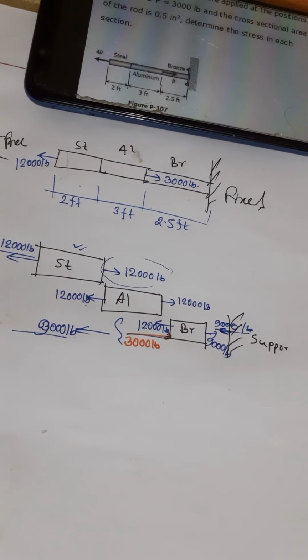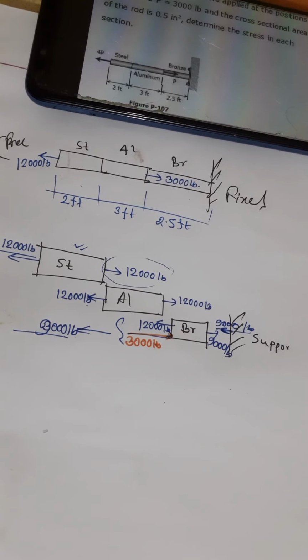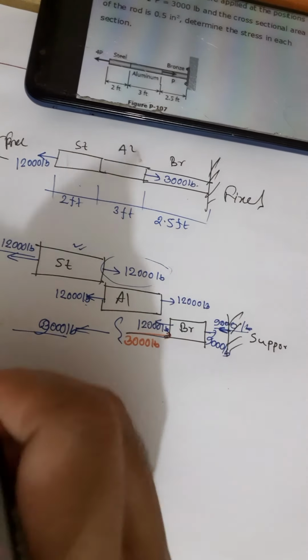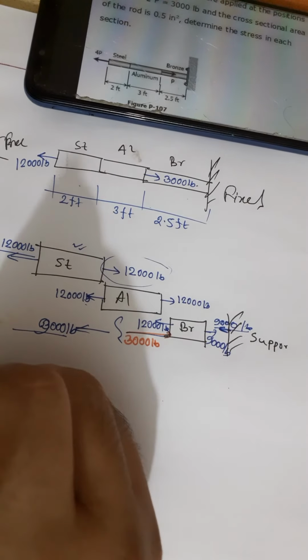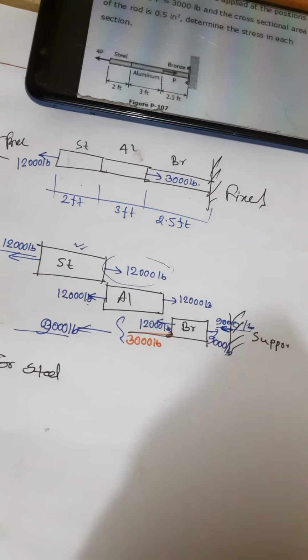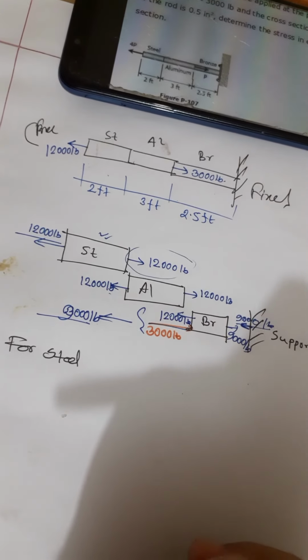So now we know the forces in each segment, so we can easily calculate the stress, as the cross section area is 0.5 inches square. We are going quickly, as you have the opportunity to pause the video when things are not clear and revise it.